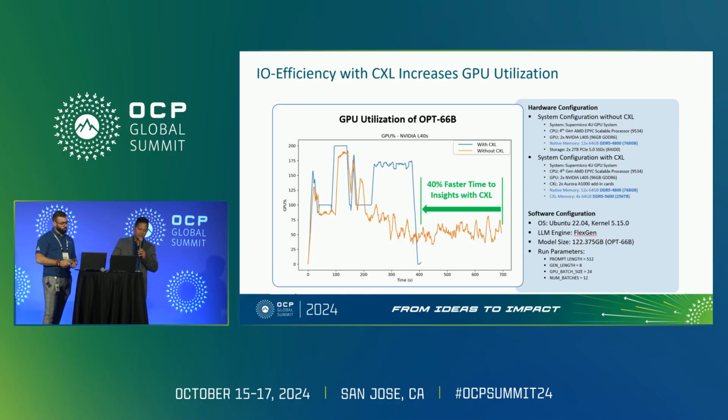Interesting thing to note is that the model size itself is 122 gigabytes. So what was driving this utilization of the memory is actually the KV cache I was mentioning earlier. The run parameters you can see: prompt length of 512, which is kind of like your question, gen length of 8, GPU batch size of 24, and then the batch size of 12.